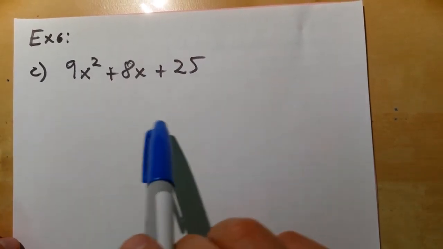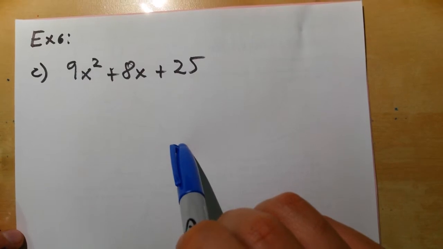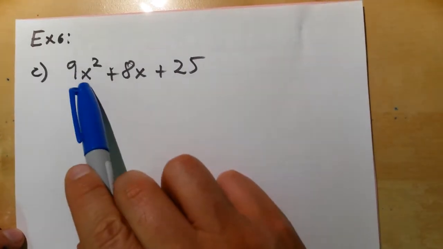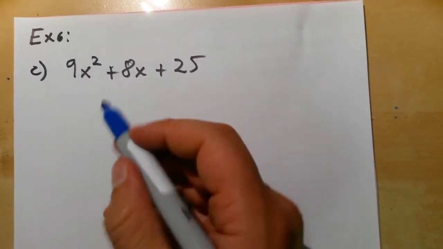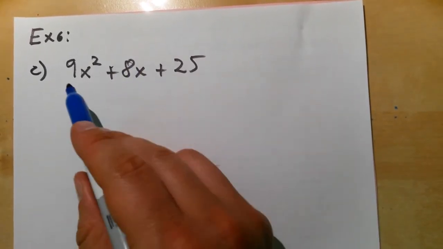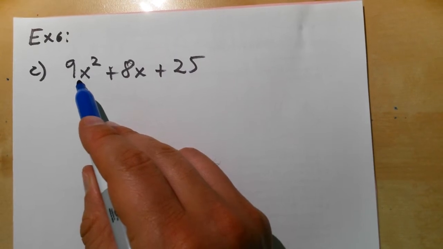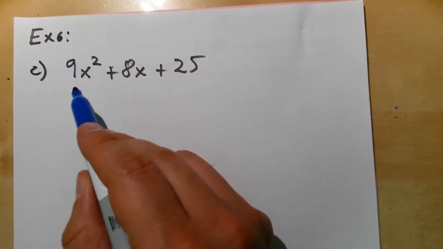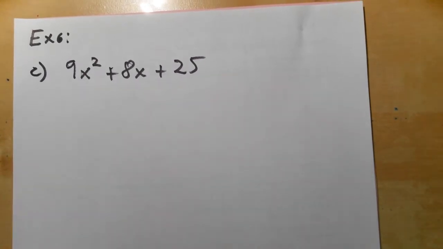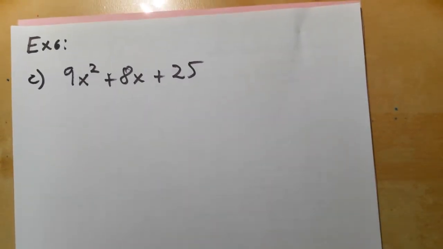Alright, is it a perfect square or a difference of squares? Well, let's see, this is a perfect square and this is a perfect square. So let's do some investigation for the middle term. Well, this becomes 3x. If this is our a term, 3x, and this is our b term, this will be 5, okay?